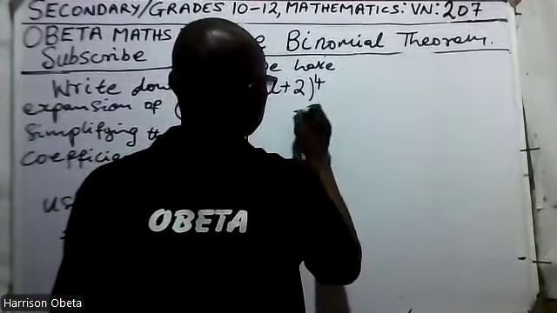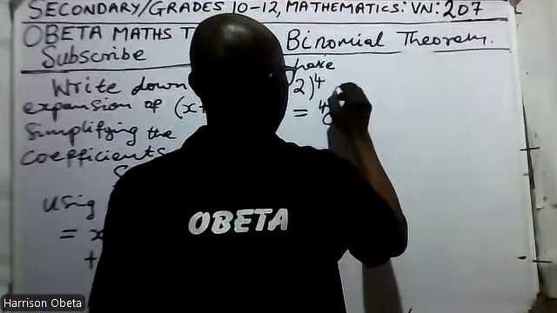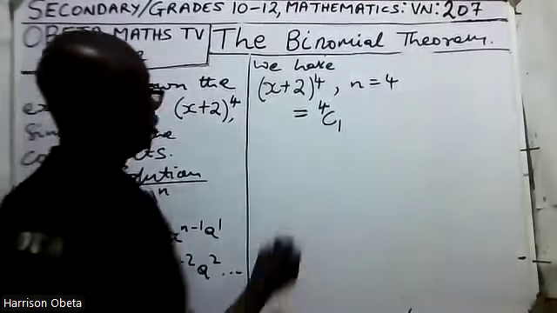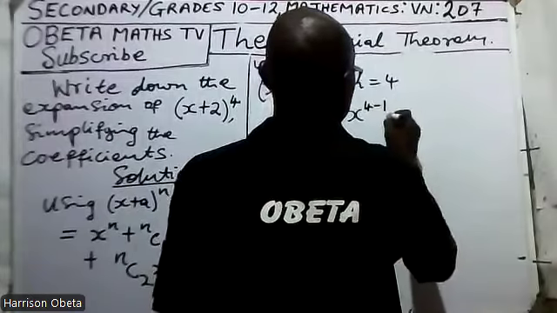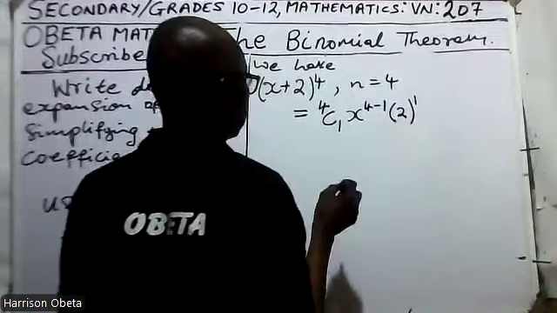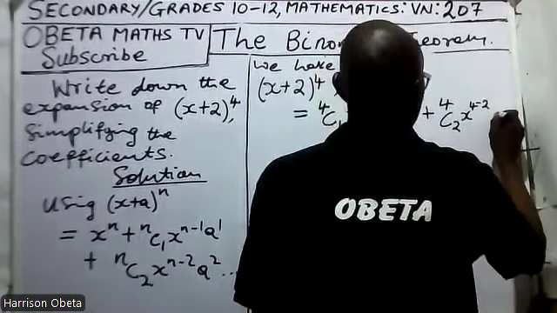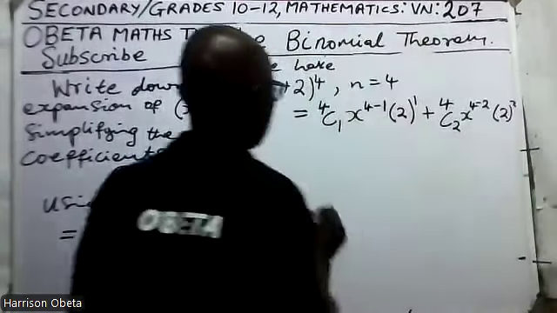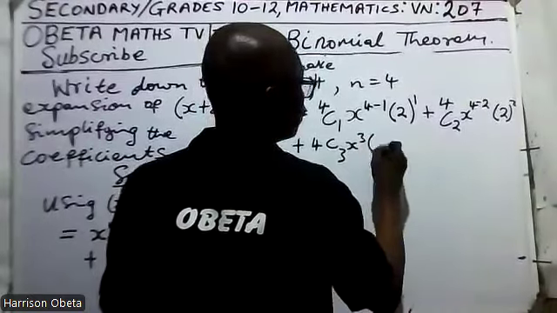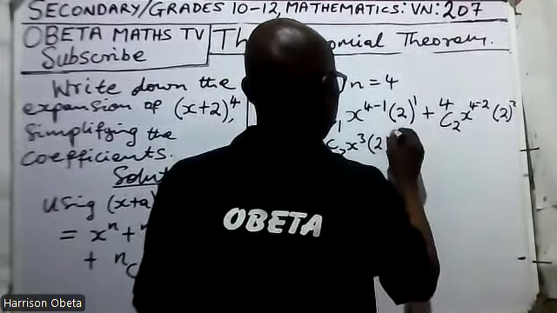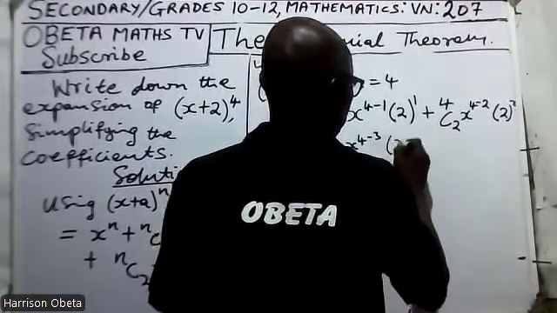So this will give us 4 combination 1, because our n is equal to 4, then x raised power 4 minus 1 into 2 raised power 1, plus 4 combination 2, x raised power 4 minus 2 into 2 raised power 2, plus 4 combination 3, x raised power 4 minus 3, this one was wrong, please, this is 4 minus 3, and then 2 raised power 3.